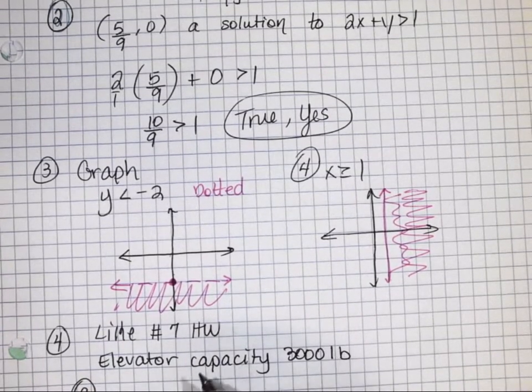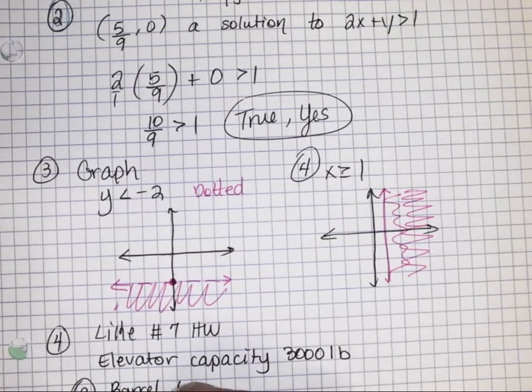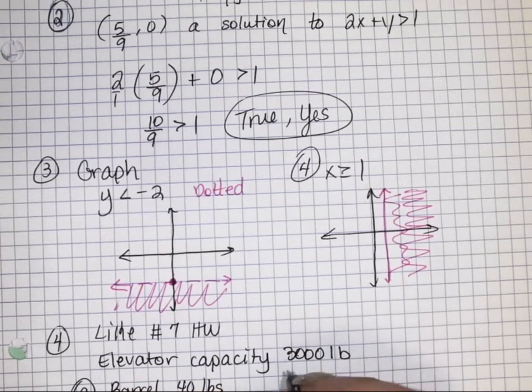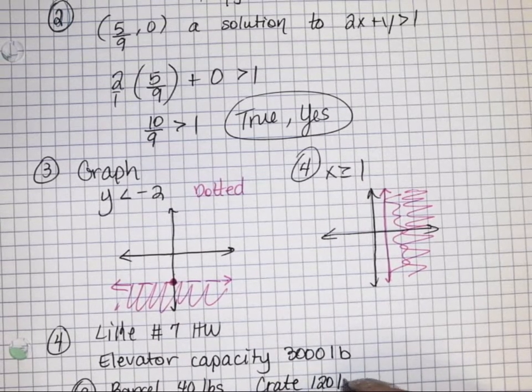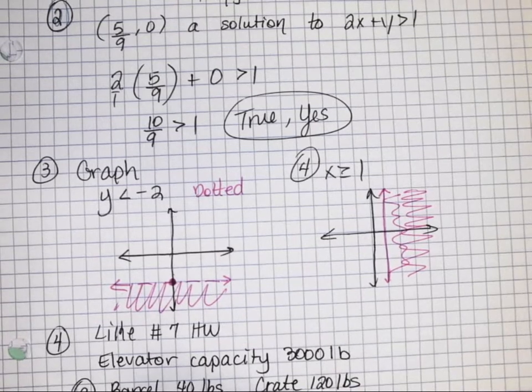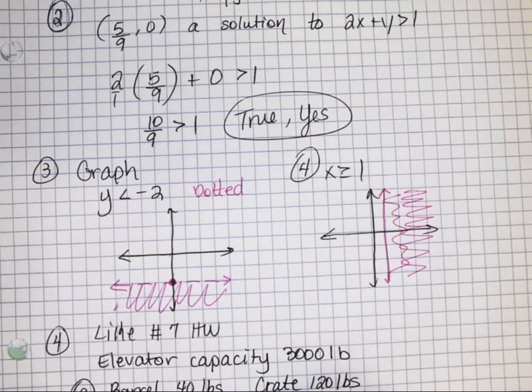So in part A, we've got a barrel is 40 pounds. A crate is 120 pounds. And write an inequality to describe when the elevator would be overloaded.